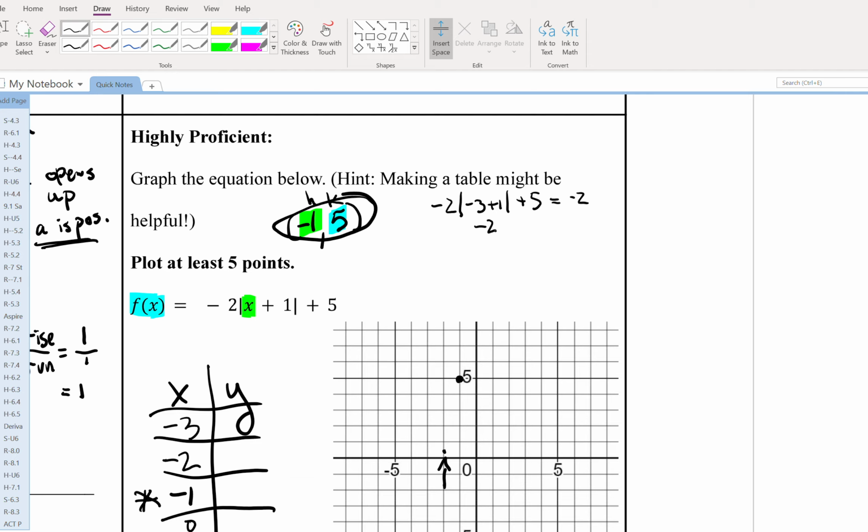This is negative 2. So I'm going to write that down, but just a quick mental math. That's inside the absolute value brackets, and the absolute value of that is positive 2. So I'm going to just put times 2 plus 5. And that is negative 2 times 2 is negative 4 plus 5. And that's 1.